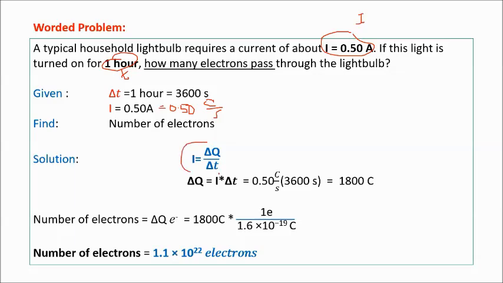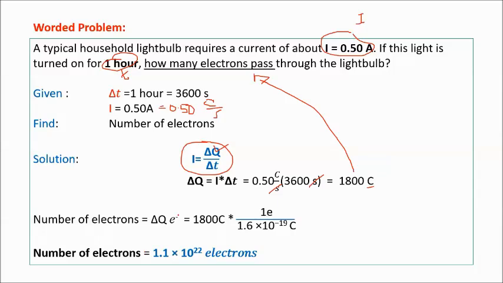Now, recall the formula for I, where I is delta Q over delta t. To find Q, Q is I times t. So substitute I as 0.50, expressing the unit in coulomb per second so that it cancels when we multiply that by 3600. So that's why we now have 1800 coulombs. Now, this does not yet give the answer to the required number of electrons that pass.